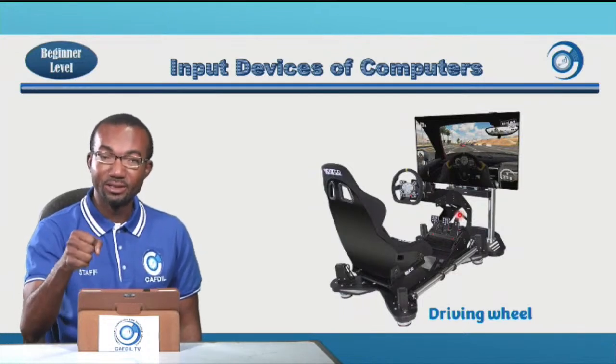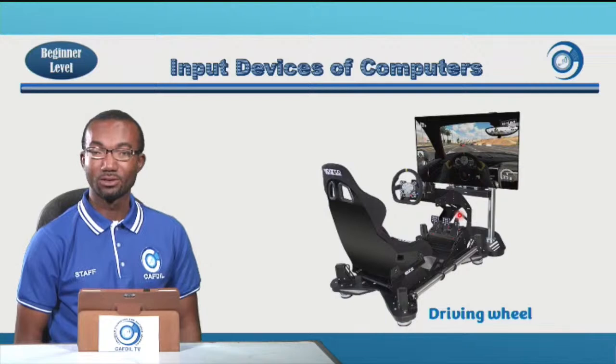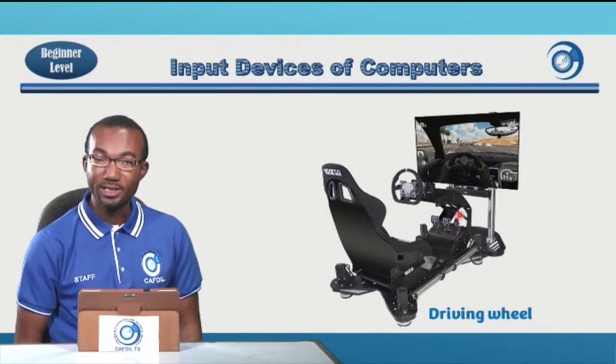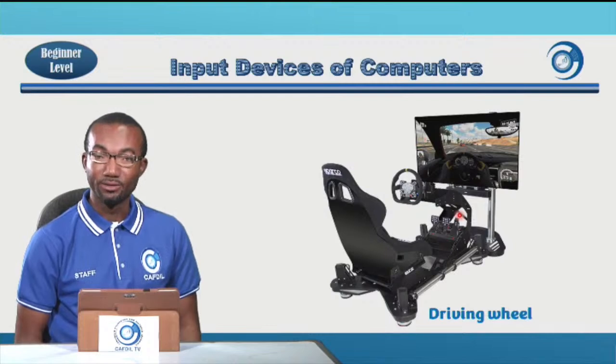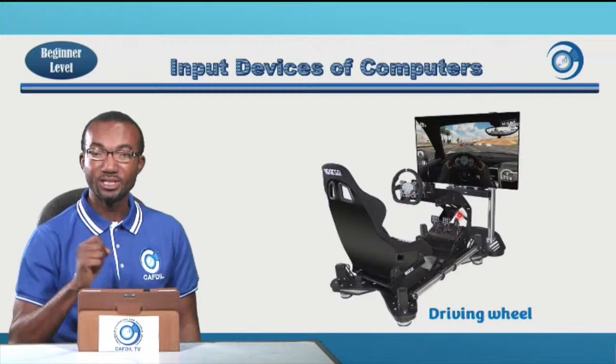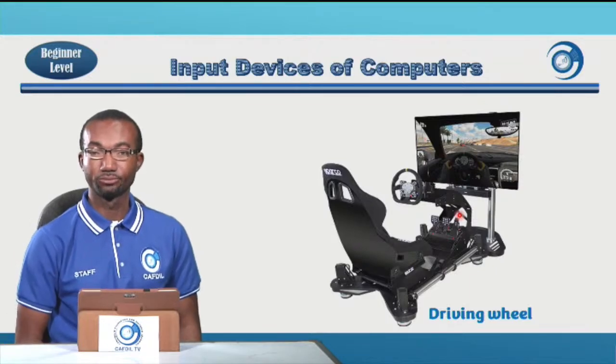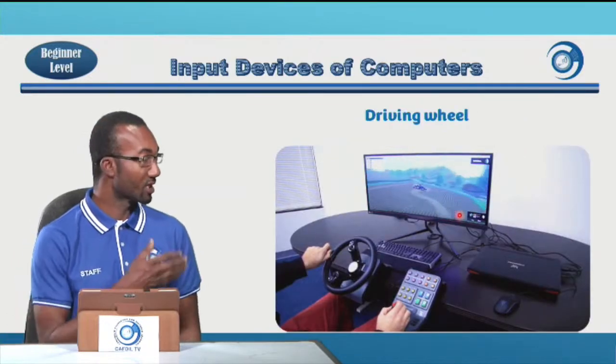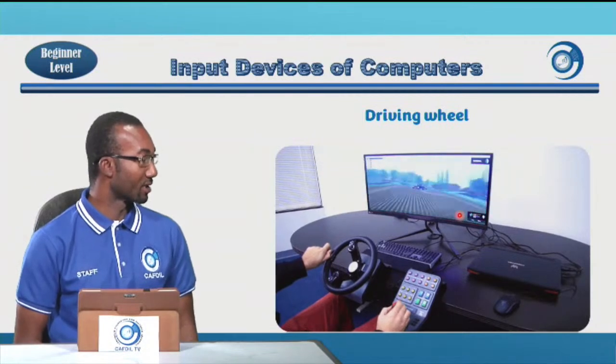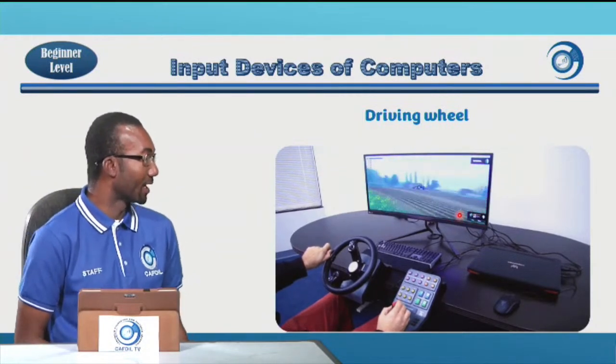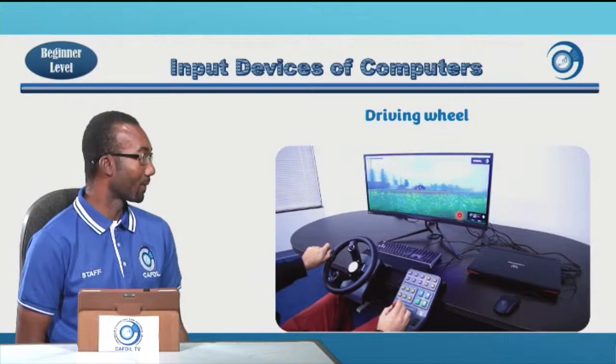You feed in data into the system. So if I press the accelerator, if I press the brake, if I use the clutch, something must happen. I'm feeding in data into the system. So this is an example. This person is comfortably learning how to drive at home.